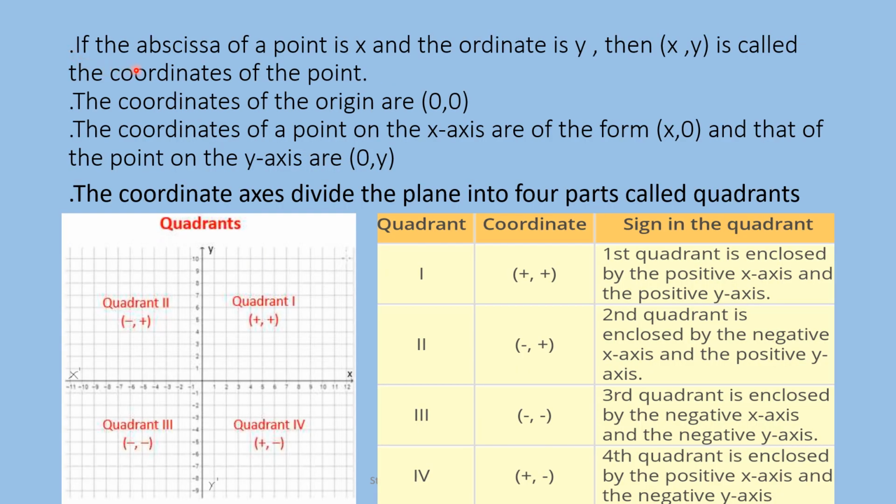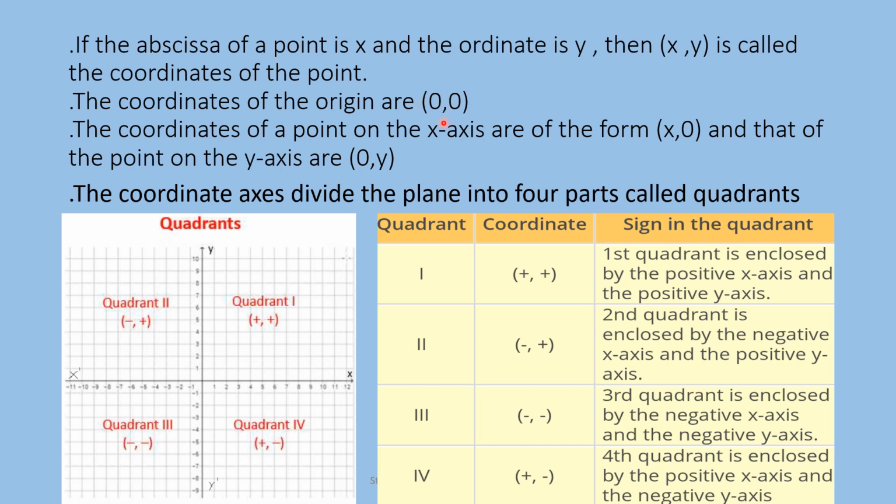If the abscissa of a point is x and the ordinate is y, then (x, y) is called the coordinates of the point.